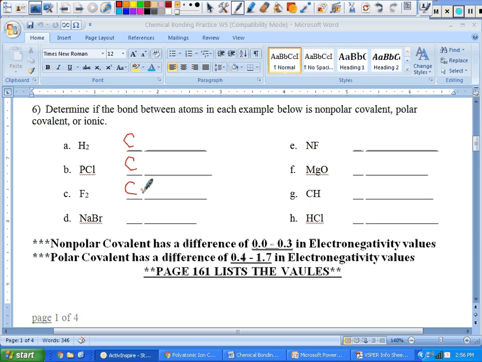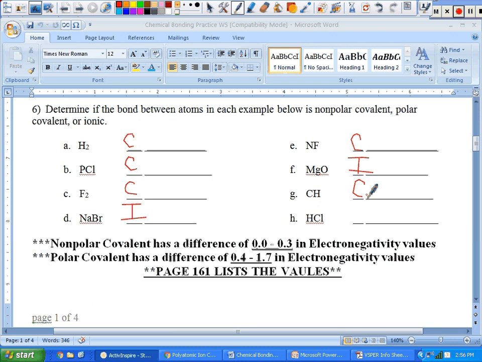Ionic. Romy, how did you know it was ionic? Very good. That's right. It's a metal and a non-metal. Okay. Emma, NF. Covalent. Bailey, MgO. How did you know? Perfect. Okay. Natalie, CH. Covalent.